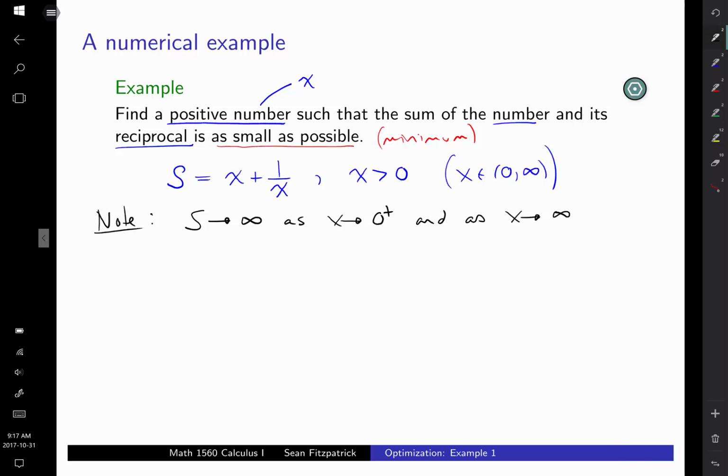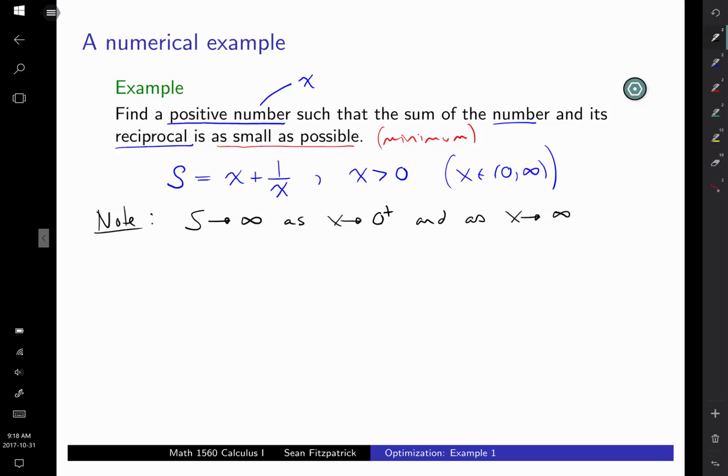So the minimum has to be somewhere in between, right? It's always worth looking at, if you don't have a closed interval, you don't have endpoints to check, it's still worth looking at what the behavior is if you approach either end of your domain. And we can see that as we approach either end of our domain, the values are getting really big, and we want to make the values small, and that means we need to go looking for critical numbers, right? We want that minimum to happen at a local minimum.